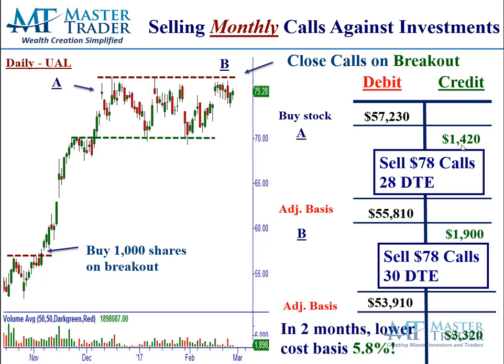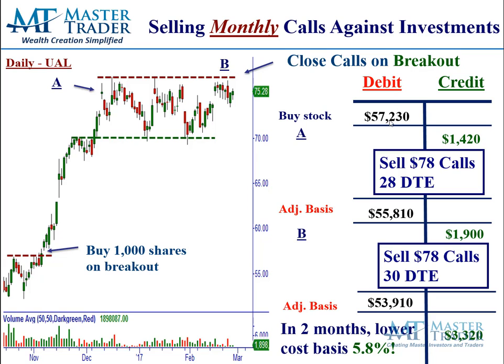Credit means it's going into your pocketbook or bank account. Don't mean to date myself. It's going into your brokerage account, but it's yours to keep. It's profits, monthly profit.